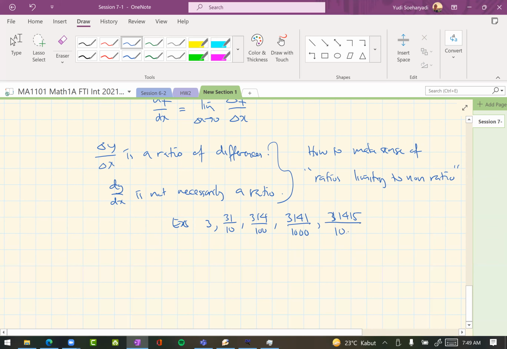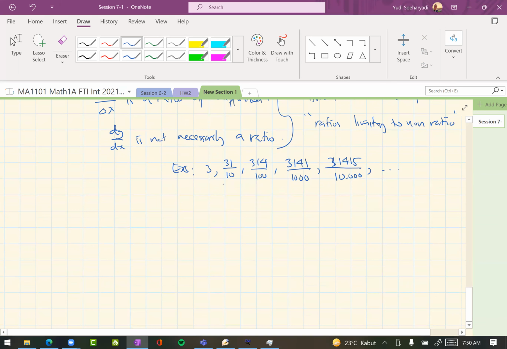Can you guess what I'm writing? Pi, right? This is just 3.1, 3.14, 3.141.